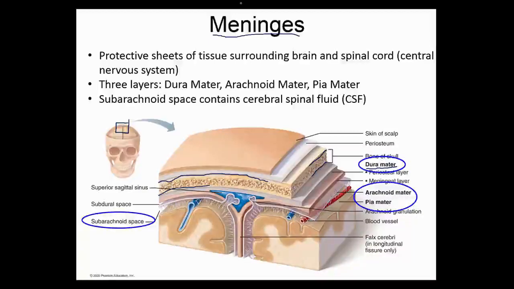There's this thick sheet of tissue here. It's technically made up of two different layers, but we're not worried about that. So we'll consider all of this to be the dura mater. If we have a look on the side here, there's our bone, and this section here is going to be our dura mater.